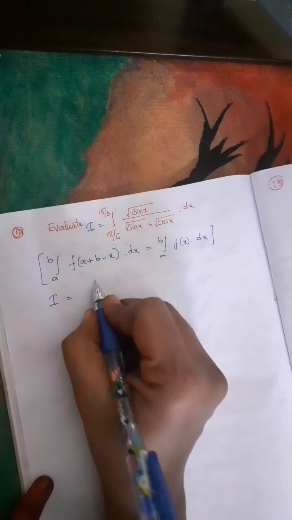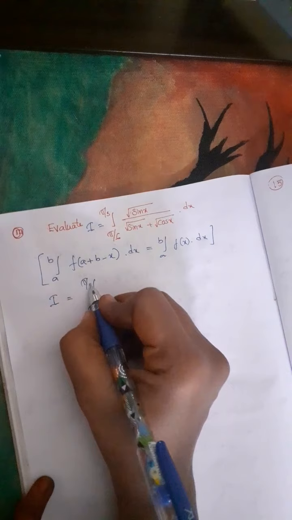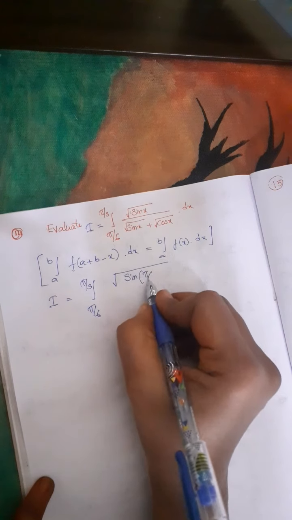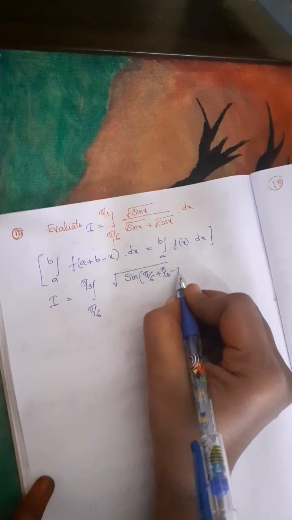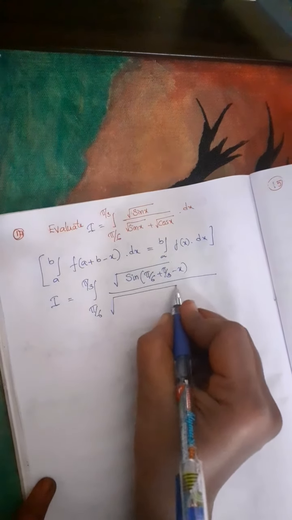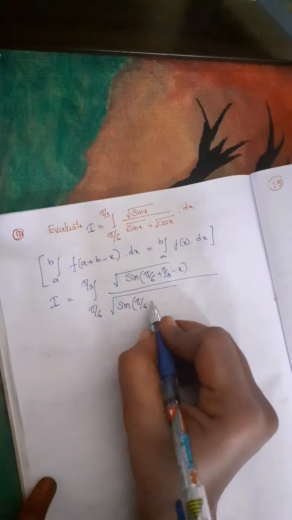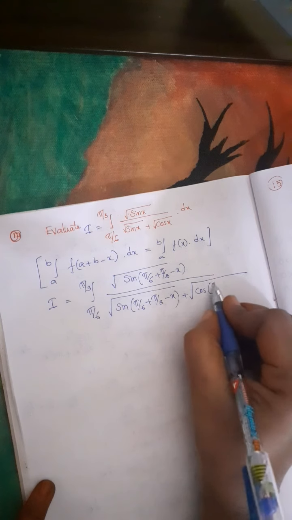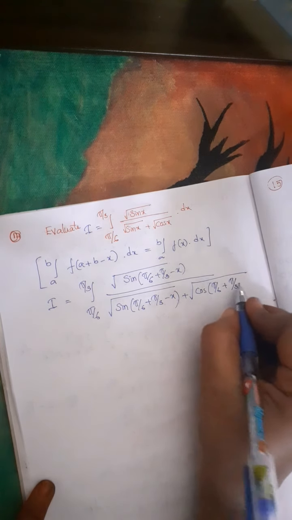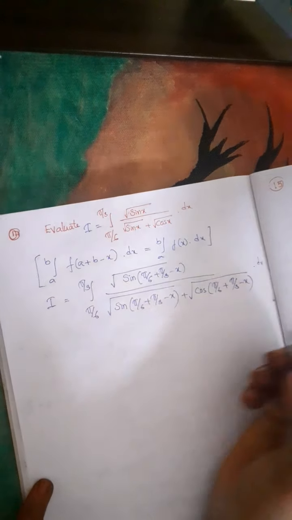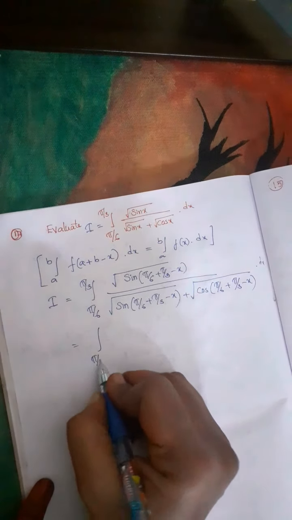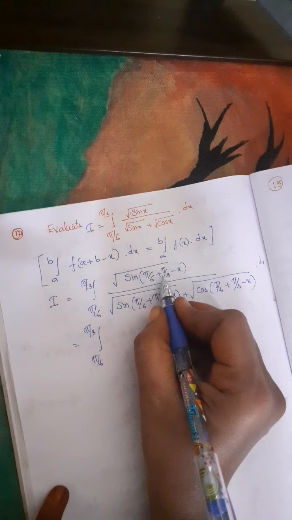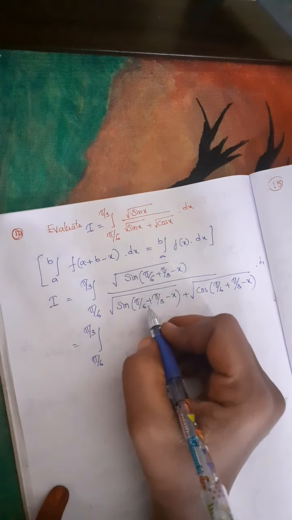I is equal to integral over pi by 6 to pi by 3 of square root of sin of (pi by 6 plus pi by 3 minus x) by square root of sin of (pi by 6 plus pi by 3 minus x) plus square root of cos of (pi by 6 plus pi by 3 minus x) dx.